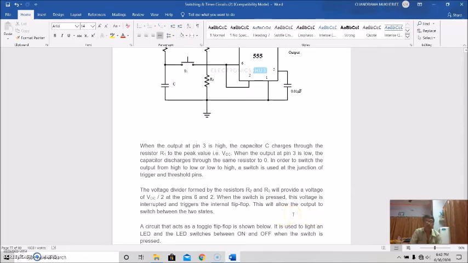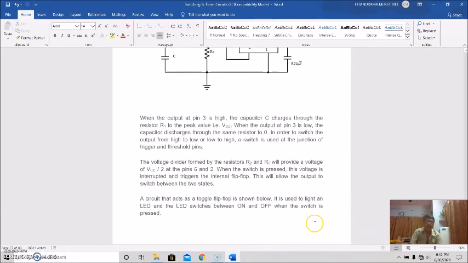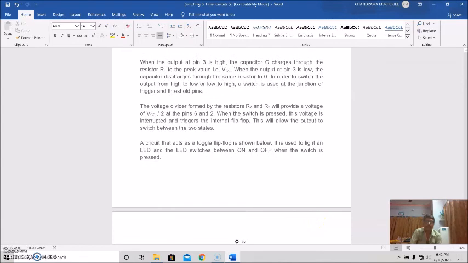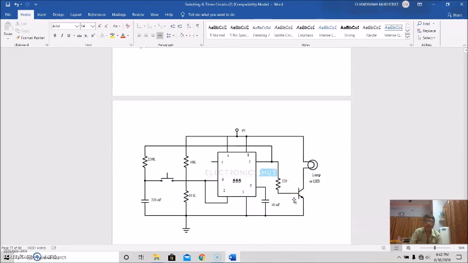This will allow the output to switch between the two states, low and high. The circuit that acts as a toggle flip-flop is shown here. It is used to light an LED, and the LED switches between on and off when the switch is pressed.